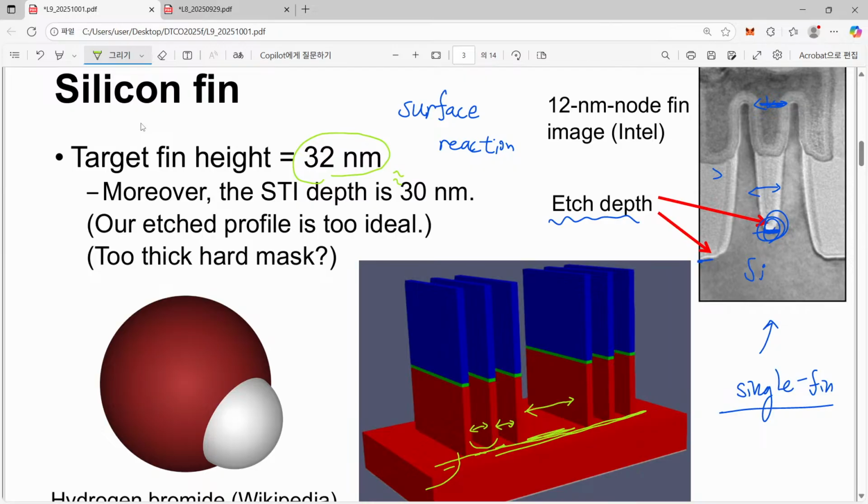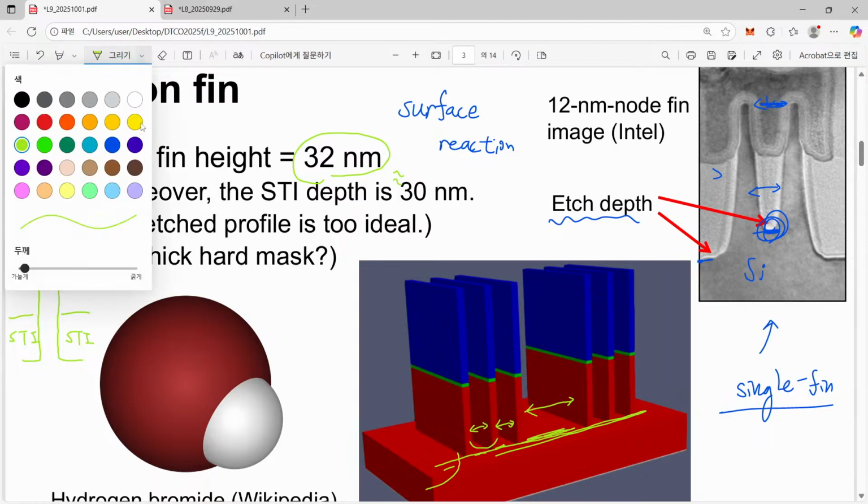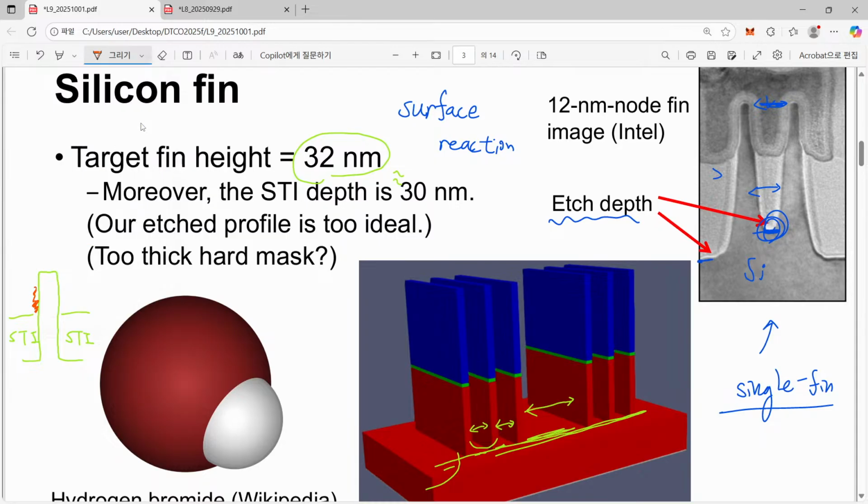If we schematically draw this fin structure, half of it is filled with so-called STI, shallow trench isolation, and half of it is open to the external environment. And of course, when we ask what the effective fin thickness is, we have to say that this corresponds to the effective fin thickness.